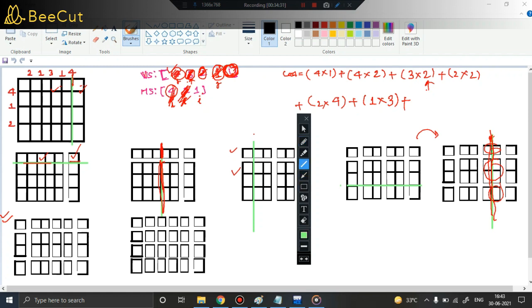So what I am going to pick up is this one right now. I'll cut along this. The moment you cut along this, what is the cost associated with this edge? 1 into, since I am cutting vertically, how many vertical parts are there? 1, 2 and 3. 1 into 3 plus.